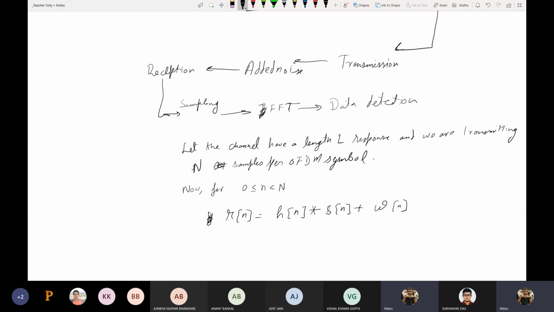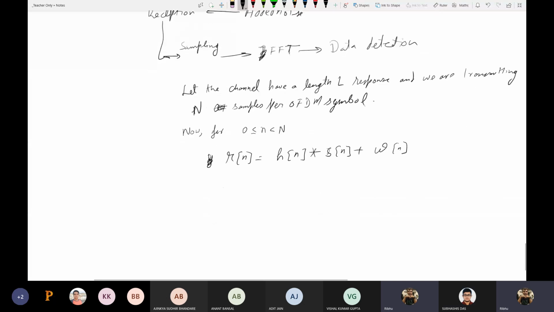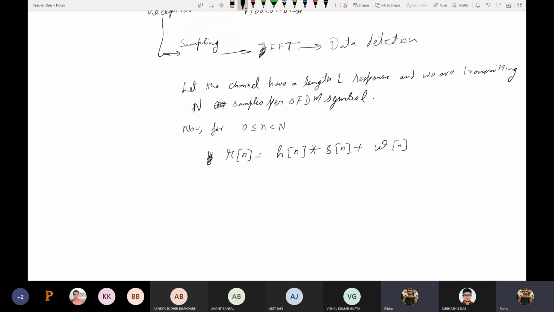So Sn is the symbol sequence. Now at the receiver, what will I do?